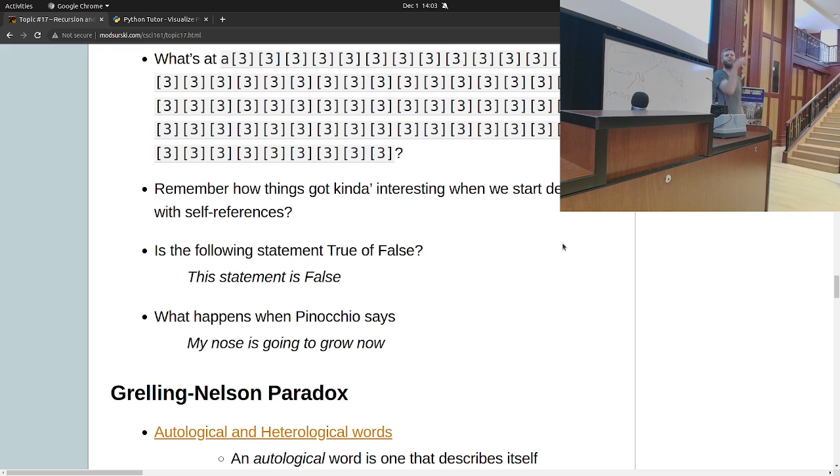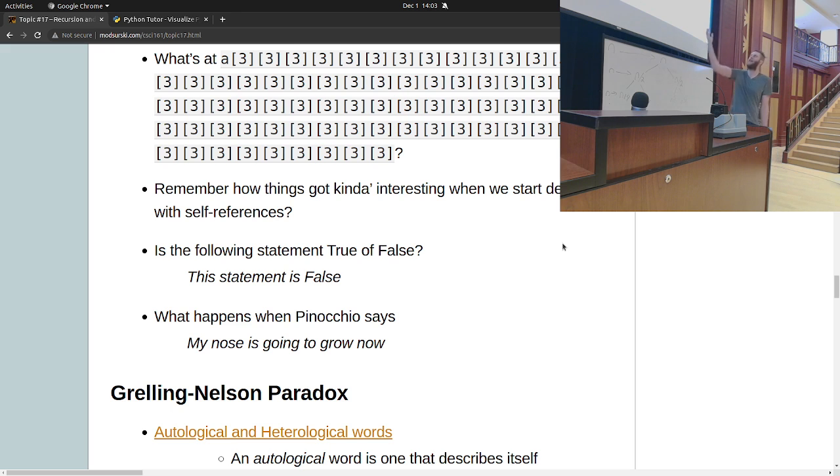This self-reference can create some really weird things logically. I mean, if I tell you this statement is false, you think, that's a funny paradox. You know, our brains can deal with that. But in terms of a mathematical statement, this is a problematic mathematical statement.